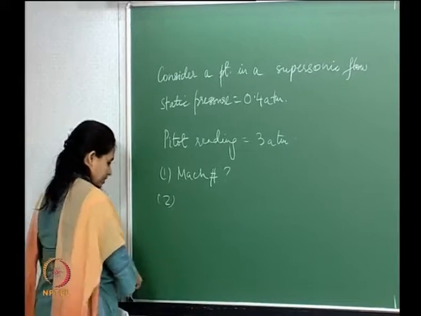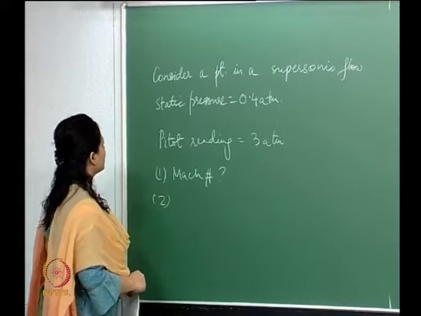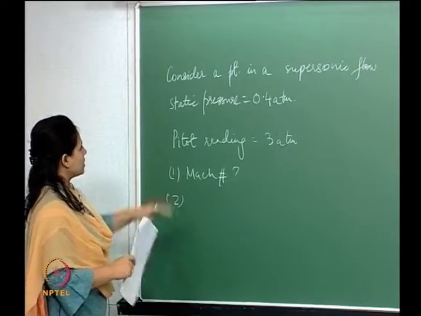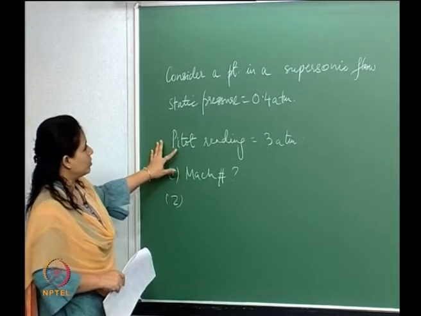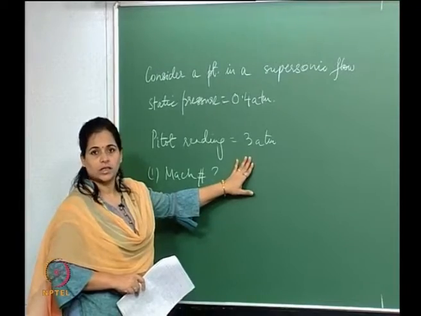Okay, let's first answer this question: what is the Mach number? We have a supersonic flow, static pressure is this, pitot tube is this. What is happening is that the pitot tube is actually reading the total pressure at this point.